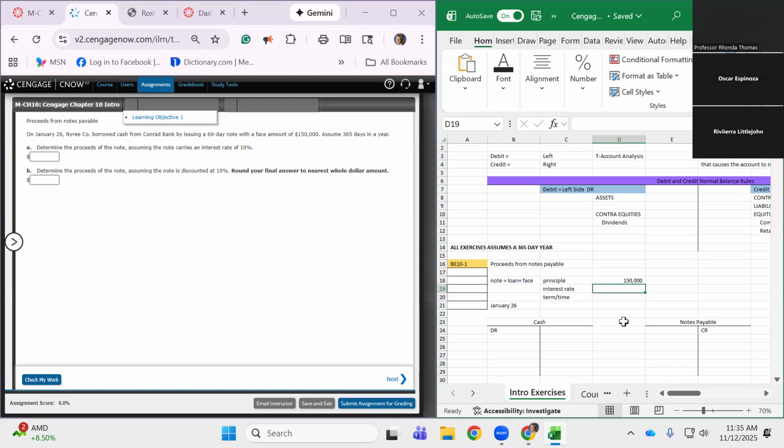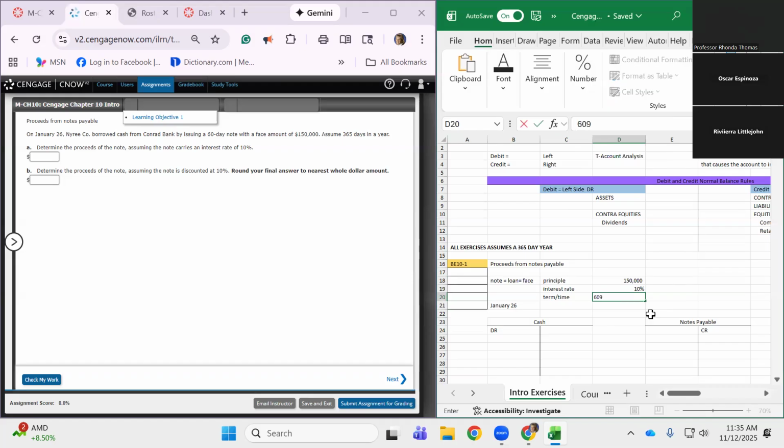We have an interest rate of 10%, and let me show that as a percentage here. And then our time. We're going to have a note that has a 60-day term.